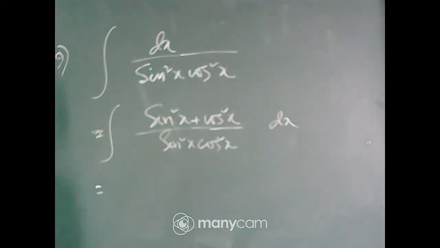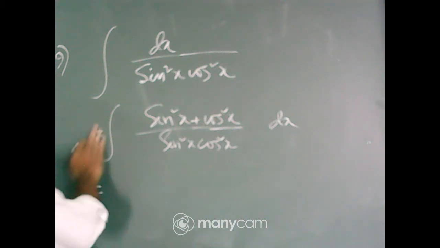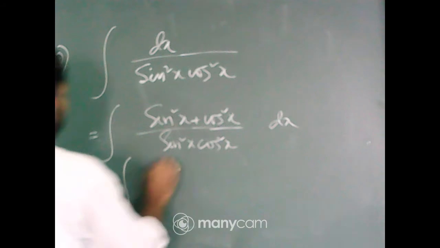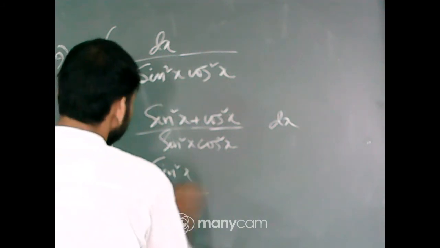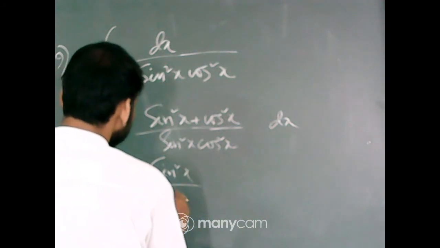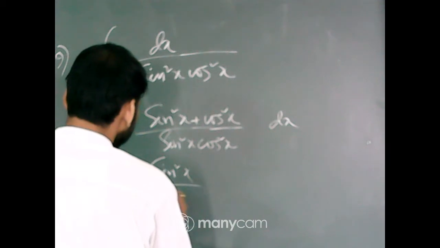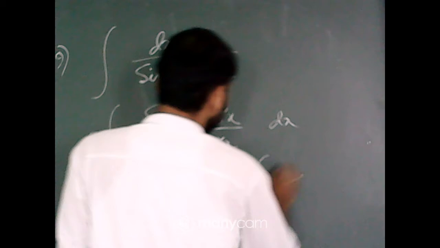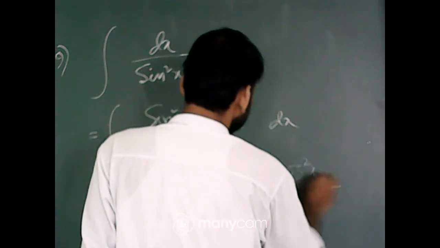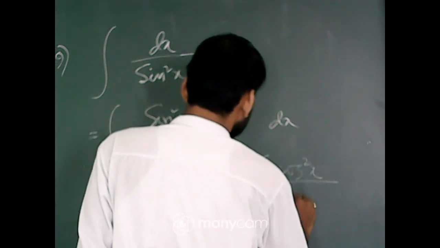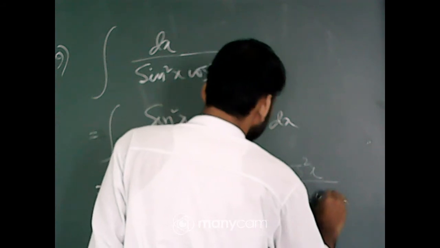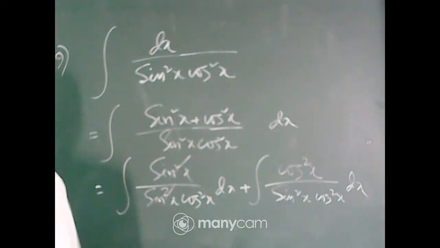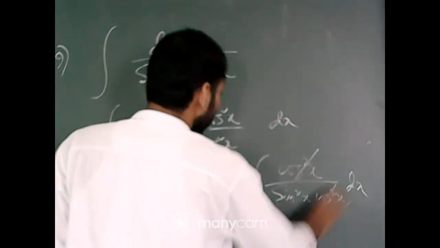Now just do the separation. Integration sin square x by sin square x into cos square x dx plus integration cos square x by sin square x cos square x dx. So sin square x cancels out in the first integral, cos square x cancels out in the second integral.